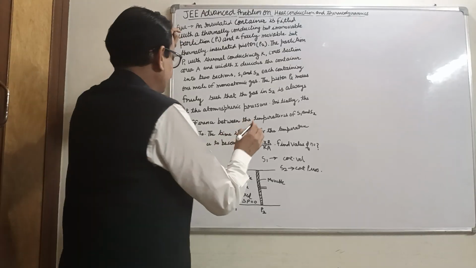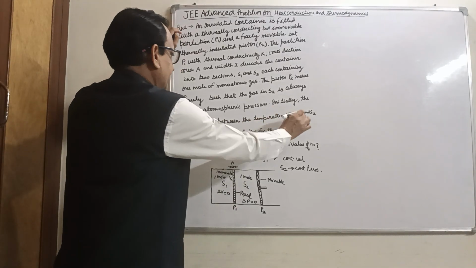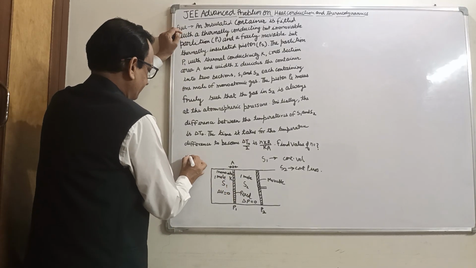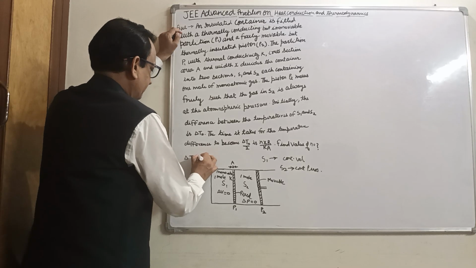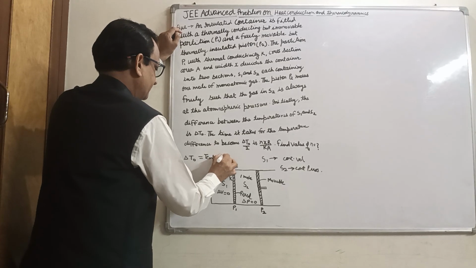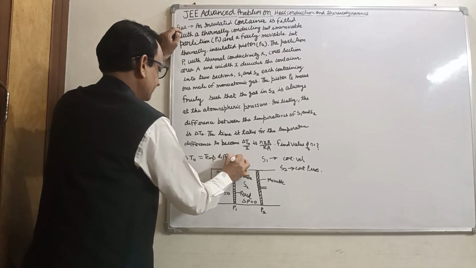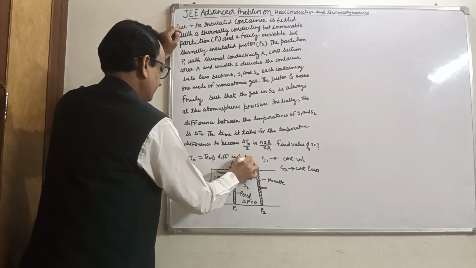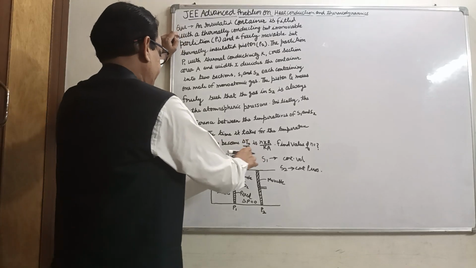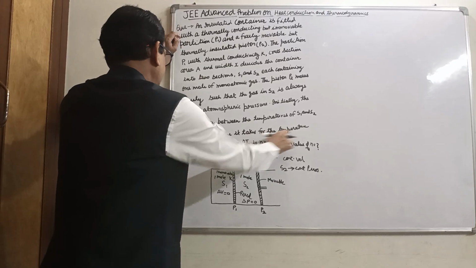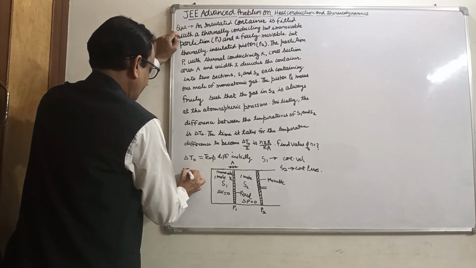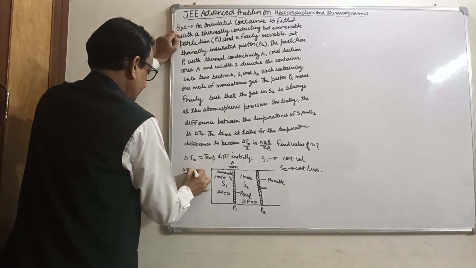Here we have to calculate the initial difference between the temperatures of S1 and S2. Initially the temperature difference is delta T naught. This is the temperature difference initially, and we have to find the time taken for the temperature difference to become delta T naught by 2, the final temperature.